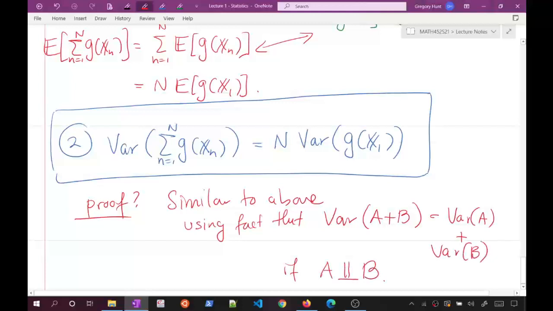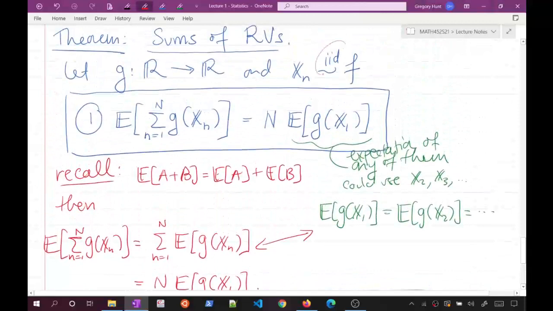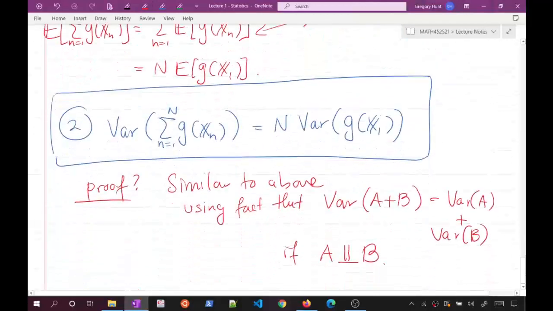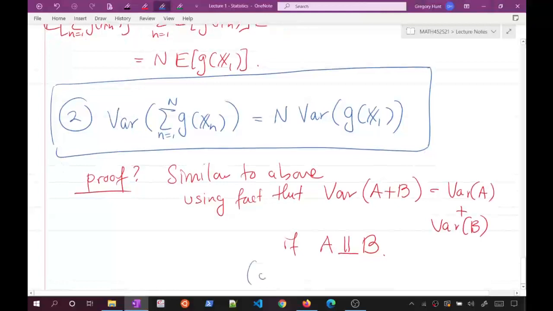We have a random sample, right? And we said they're independent and identically distributed. They're all independent, so we can play this game, breaking the variance up of the sum. So we're good. Basically, the proof is going to look very similar. This also will work if they're uncorrelated. Independence is actually a stricter condition than we need.